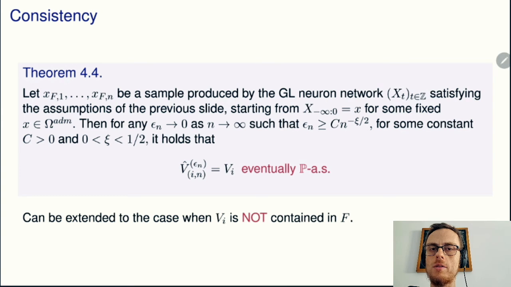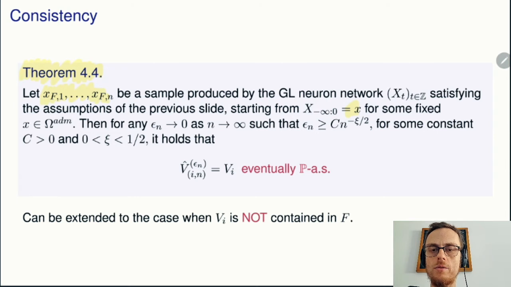Under the assumptions that we just described, we can prove the following, which is theorem 4.4 in the book. So the theorem says the following. Let xf1, xfn be a sample produced by the GL neural network satisfying the assumptions of the previous slide, starting from an indivisible path, little x.